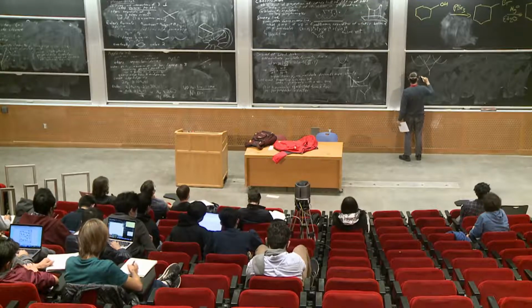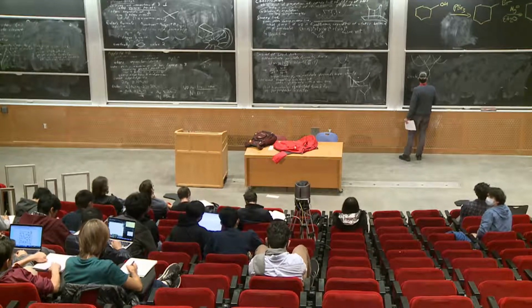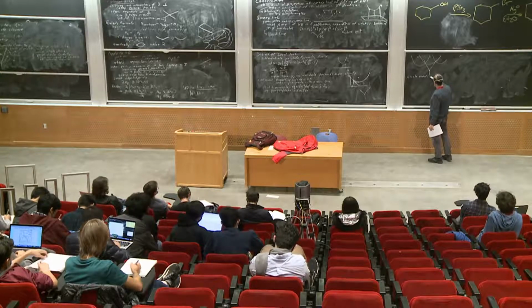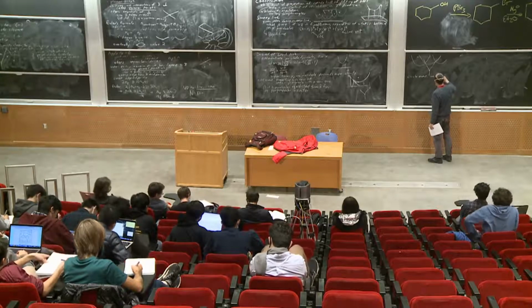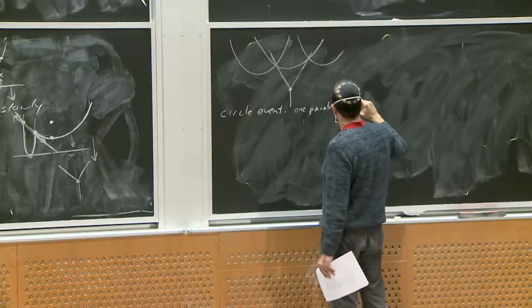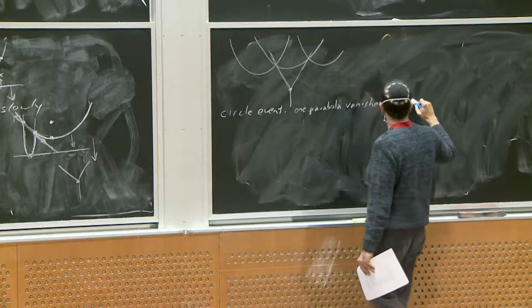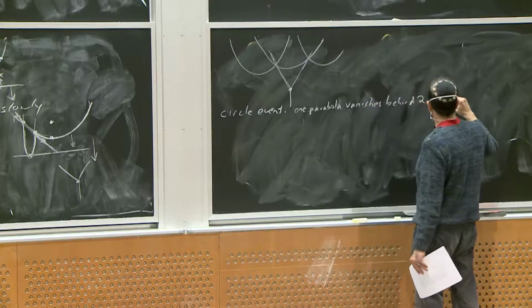Strange name, we'll have to ask why that is. A circle event happens when one parabola vanishes behind two that are descending faster.